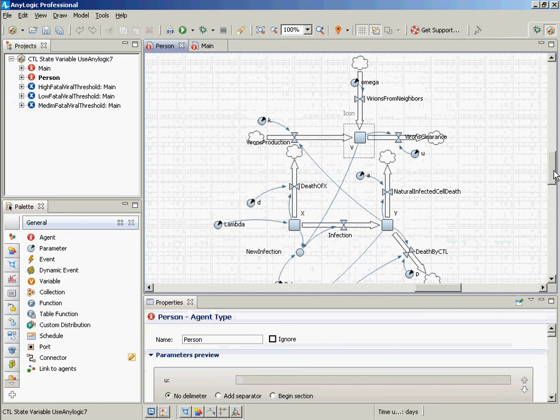So what goes on here is that at the level of an individual, we have virions coming in from outside. These are free virus particles. And we have those free virions that have built up then infecting cells. So the cells transition from an uninfected state to an infected state. There's natural cell death that occurs, but also cell death by the immune system.